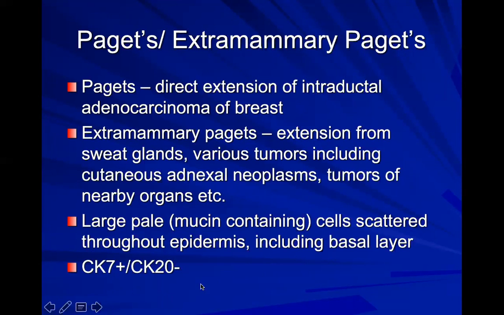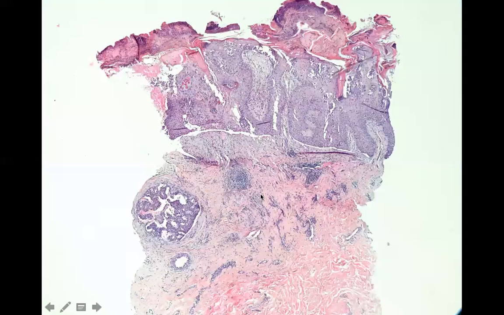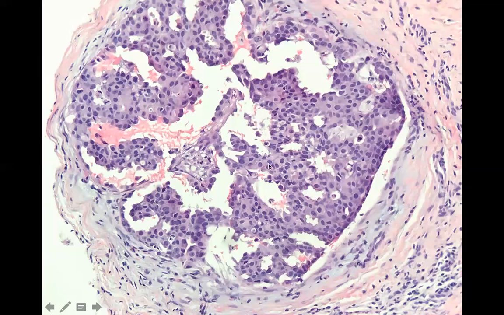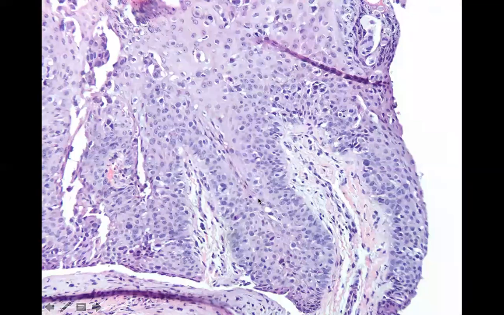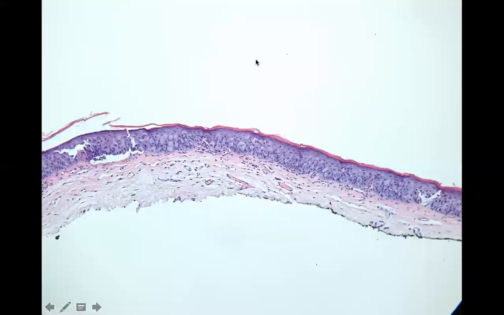Okay, and there's CK7 positive, CK20 negative cells. So this is a breast carcinoma that's involving the epidermis. It's like a true Paget's. You see it's ductal, these round structures that make ducts, and then these cells are sort of hard to see, but you can see this epidermis is disrupted and these cells are kind of skipping upward in a pagetoid fashion.